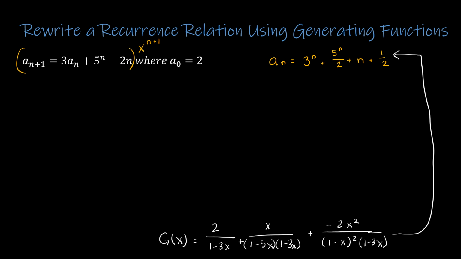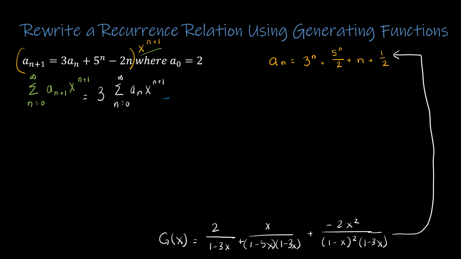So here's what that's going to look like, and I'm just going to try to color code as always. So my very first value becomes the summation as n goes from 0 to infinity of a sub n plus 1, and then I'm multiplying it by x to the n plus 1. And then I have equals, and I've got 3, and a sub n is going to be n equals 0 to infinity of a sub n, and again I'm multiplying by x to the n plus 1.